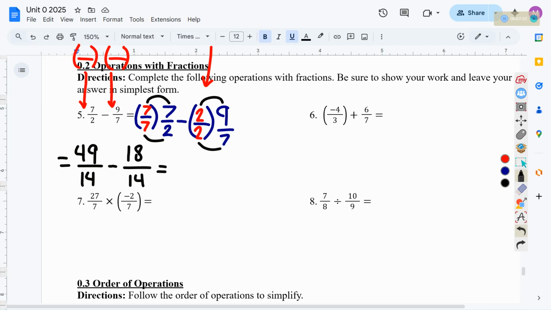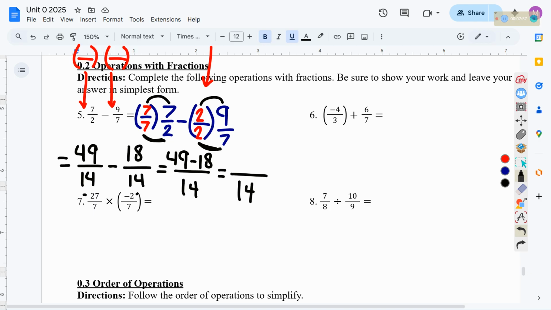Notice that these are both over the same denominator, and that was by design. That shouldn't feel like an accident when you're like, hey, they ended up the same. We wanted them to end up the same on purpose, right? And that was why we made sure this one ended up being 7 times 2, and this one was 2 times 7, right? To make sure that we get the same symmetry so that they both have 14 on bottom.